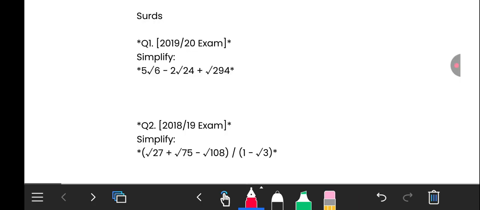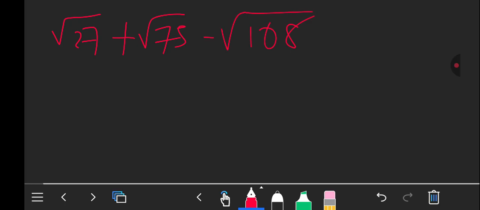The next question is square root of 27 plus square root of 75 minus square root of 108, over 1 minus square root of 3. So how are we going to work out this?